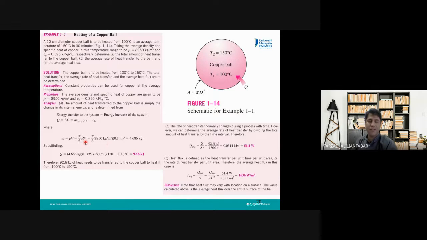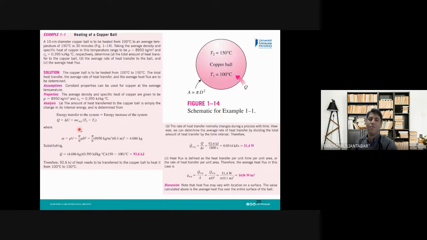We have d, or diameter, 10 centimeters. We need to convert to meters, 0.1 meter to the power 3. Then if we do this calculation, finally, the mass of the ball will be calculated, 4.686 kg.